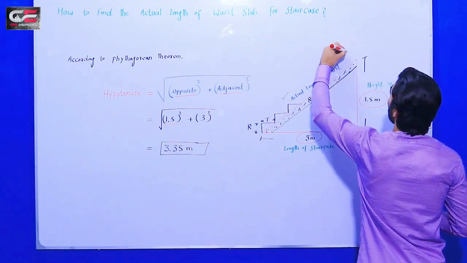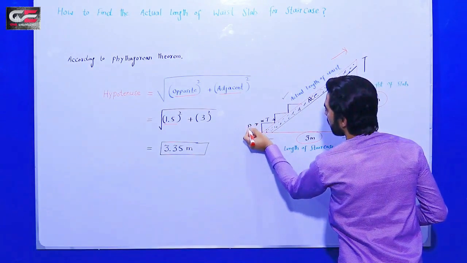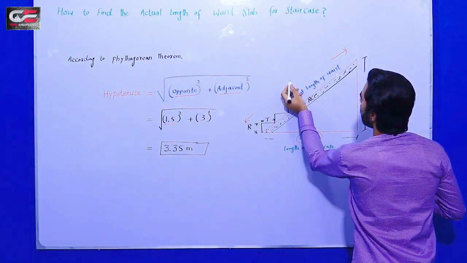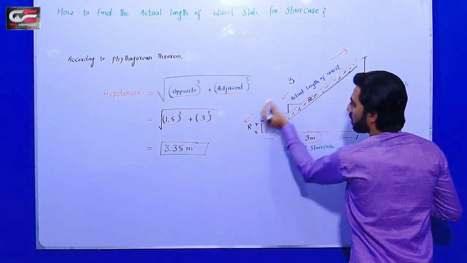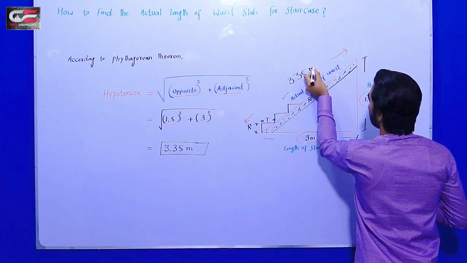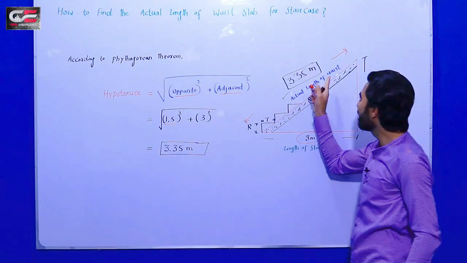So, guys, the actual length of the waist is 3.35 meters.